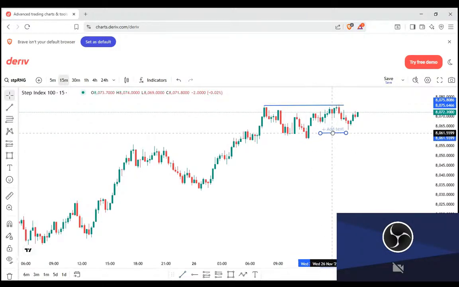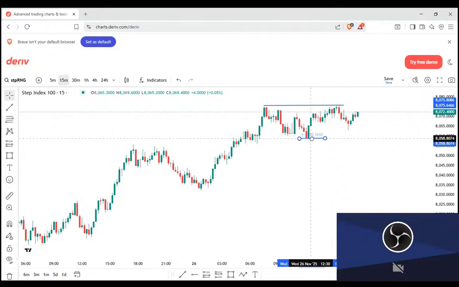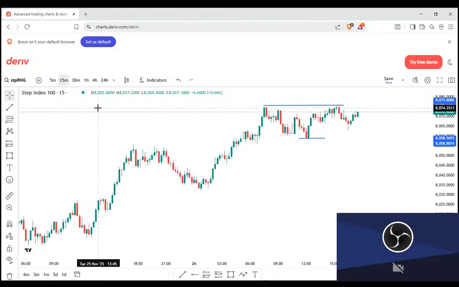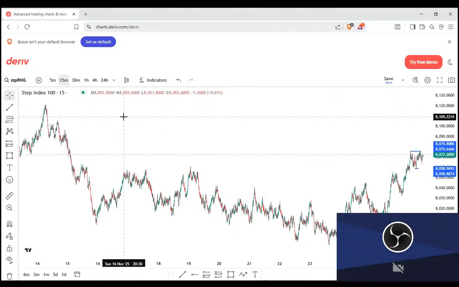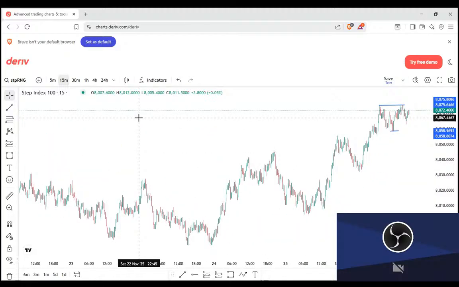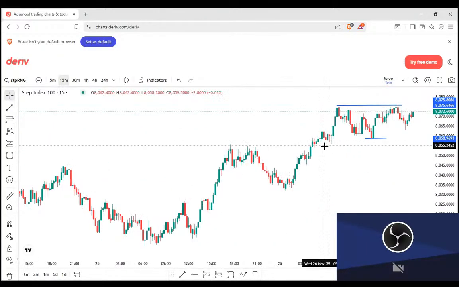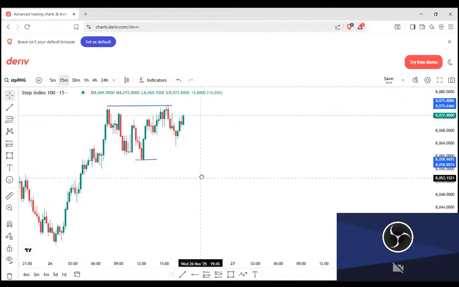So what I'll do, this one, it's a good low to mark. If you go down, let's say, where's the highest level here? It's still far. So let's watch as price reacts at that zone.